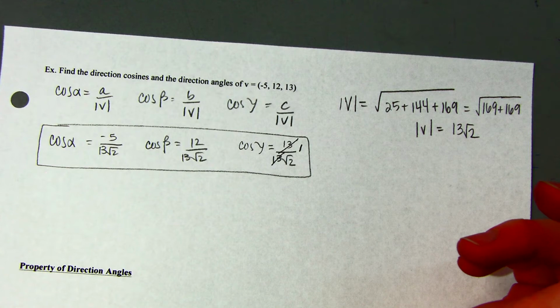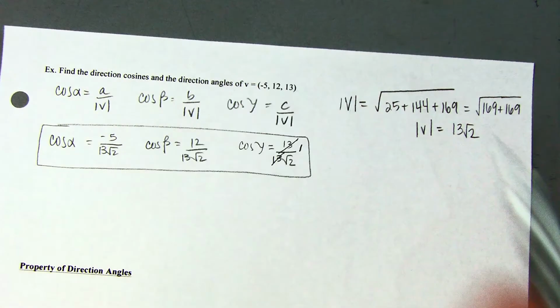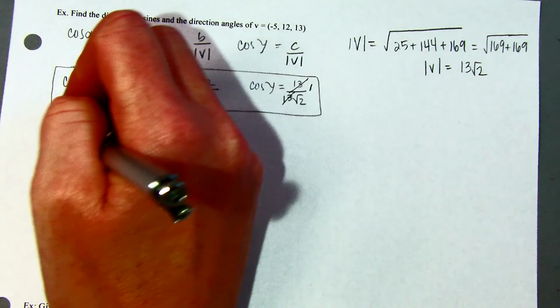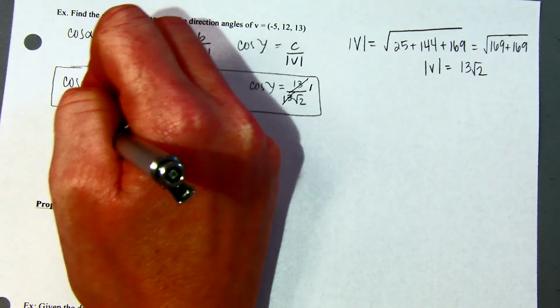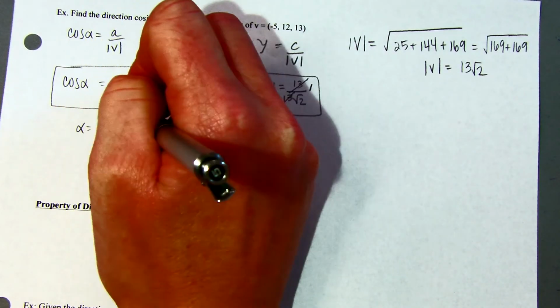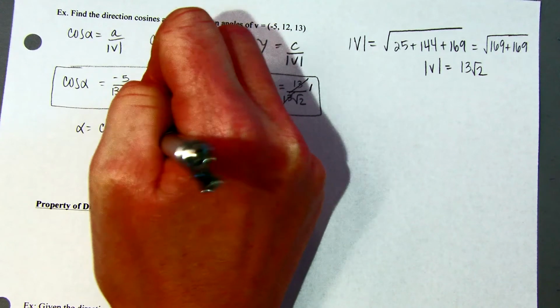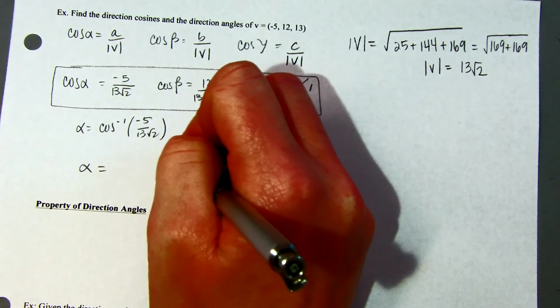So now we want to find the direction angles. We're going to take the inverse cosine and get alpha, beta, and gamma.